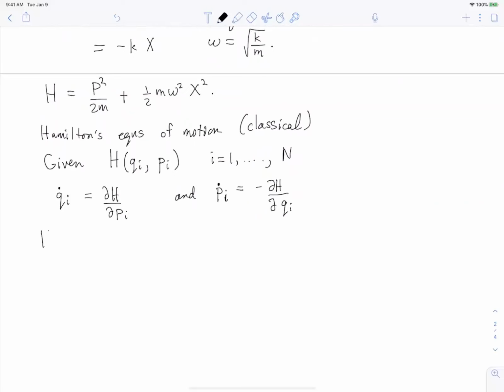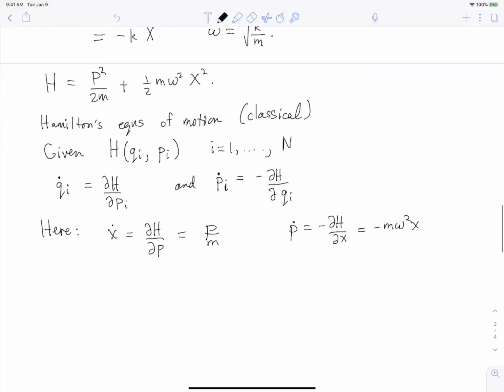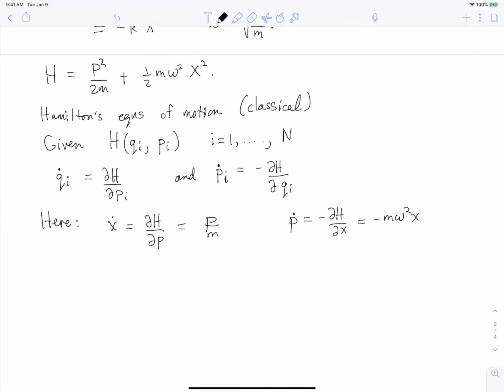And in this example, x dot is equal to partial h partial p, which is equal to p over m. And p dot is equal to minus partial h partial x, which is minus m omega squared x. And so what we have is two coupled first order differential equations.